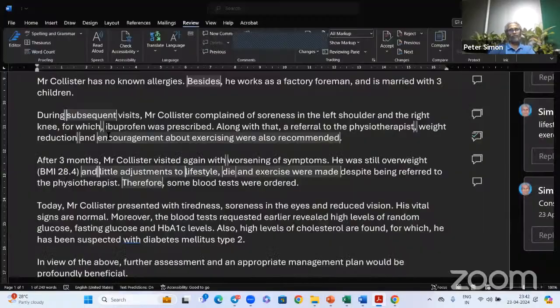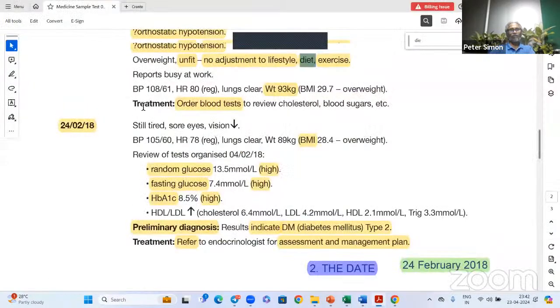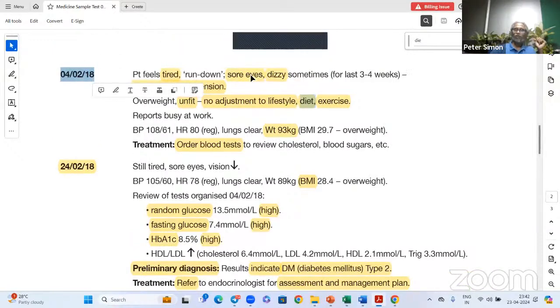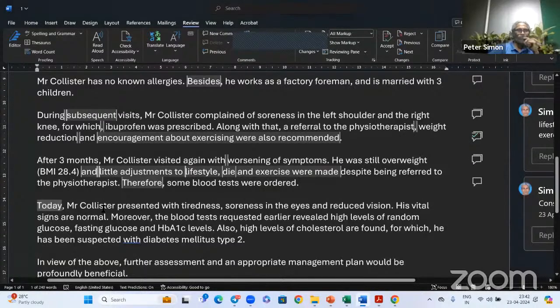So this is sore eyes, still tired. He presented today with sore eyes. No, he presented on 4th February with tiredness, sore eyes. See, how can you say today? So on 4th February 2018, not today.